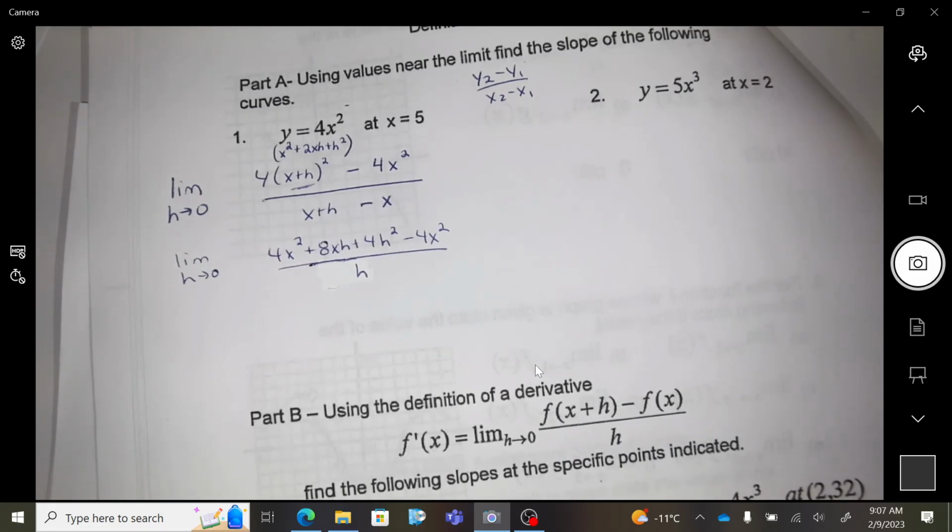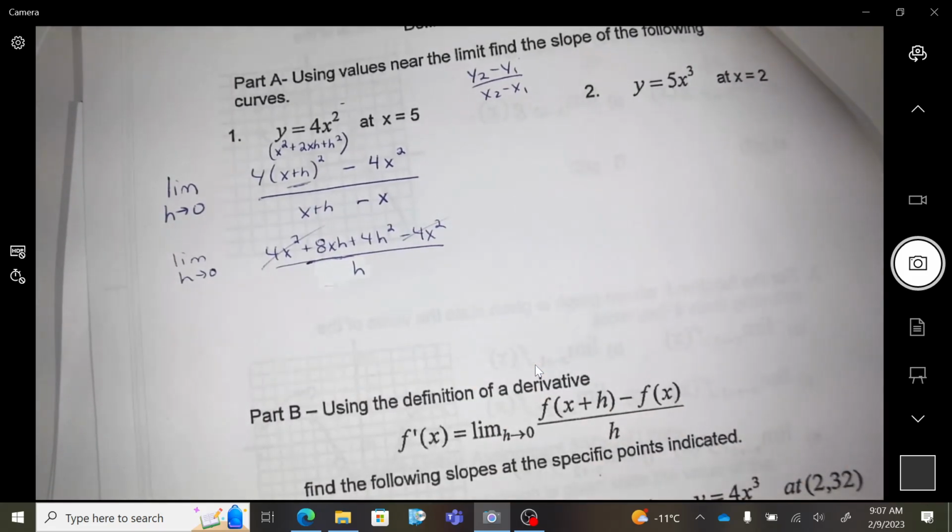Okay, so you saw me square it. I times it by 4. Now, 4x squared, gone.